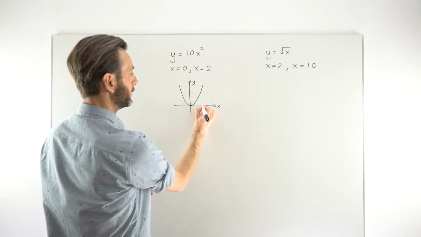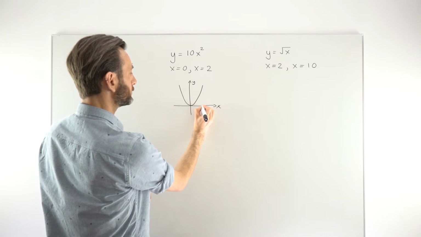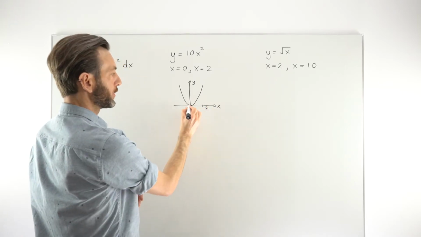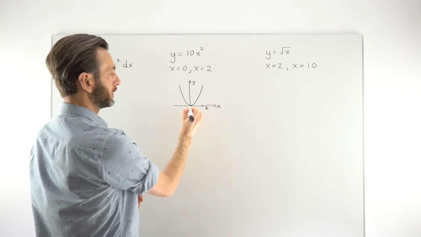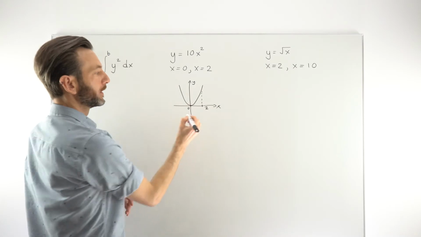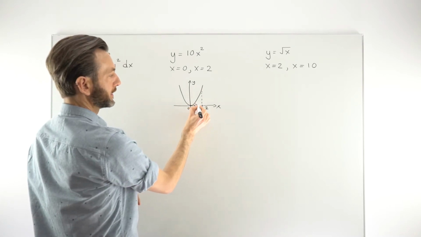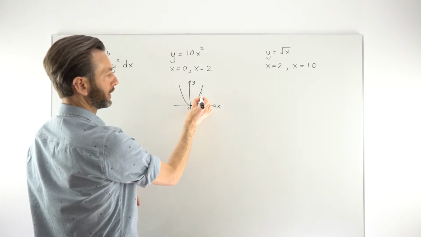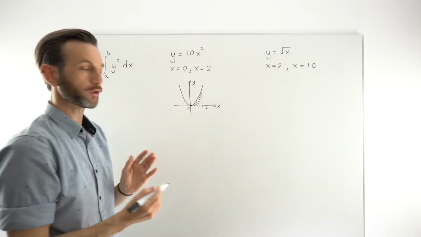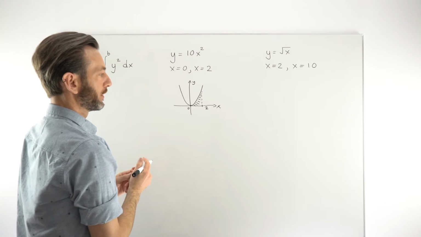So 2 would be over, I guess, say here somewhere. So if you imagine taking a construction line up from 2 up to there, and then if you take that area there, and imagine spinning that around the x-axis to generate your volume of revolution.